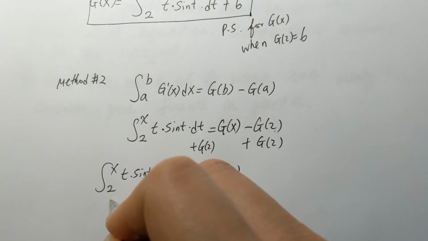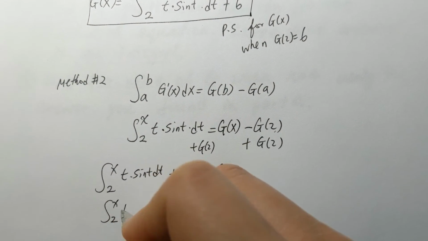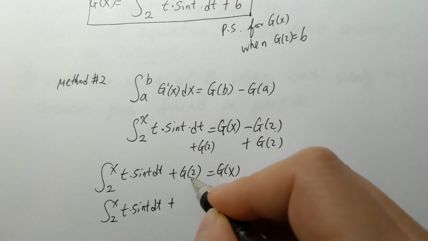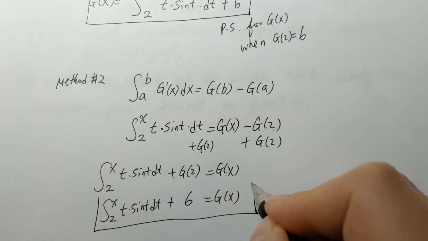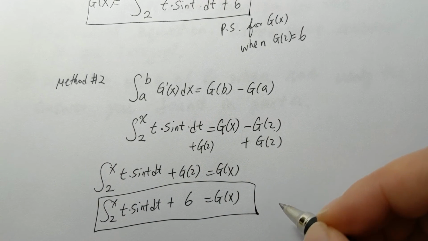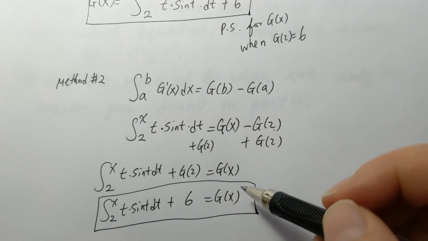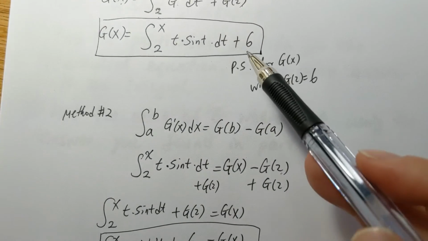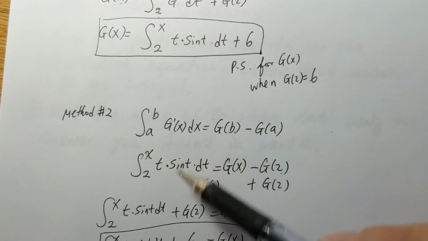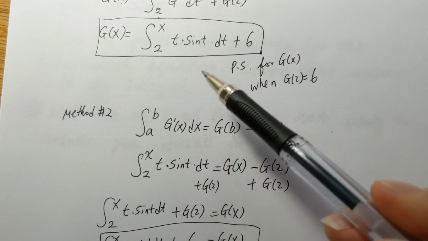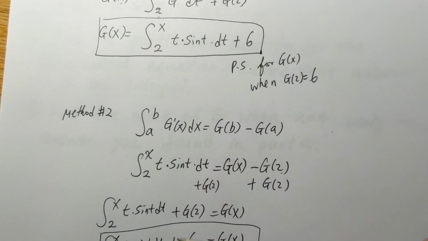Now g of x equals the integral from 2 to x of t sine t dt, and we know g of 2 is 6. So we finish. So it's the same answer. So one more time, if you prefer method number 2, then stick with number 2. If you prefer method number 1, then you can use method number 1. I prefer you know both. Sometimes I use method number 1, sometimes I use method number 2.